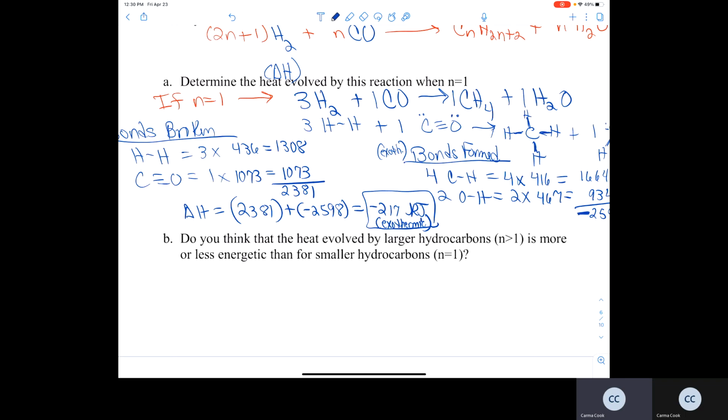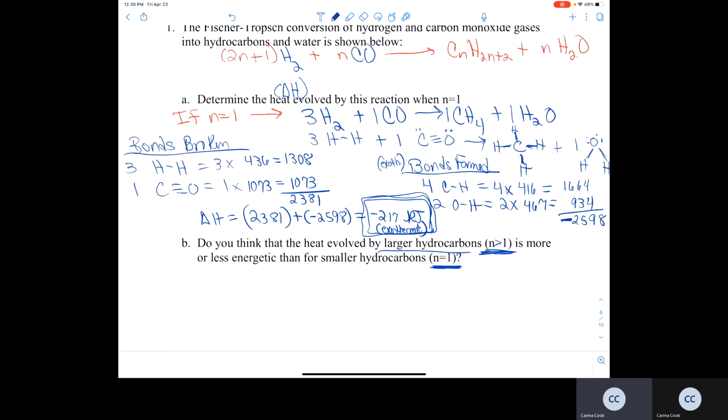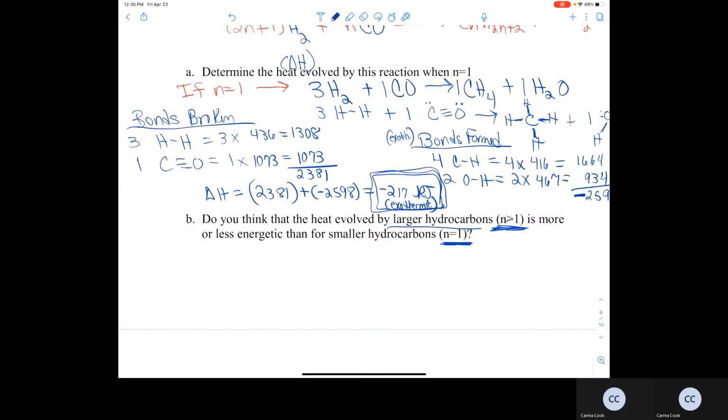For this question, n was equal to 1, and we formed the hydrocarbon methane. For n greater than 1, for larger hydrocarbons, do you think the heat evolved, the delta H, is going to be larger, therefore more energetic than when n is equal to 1, or less energetic?